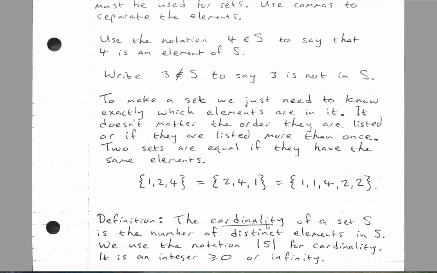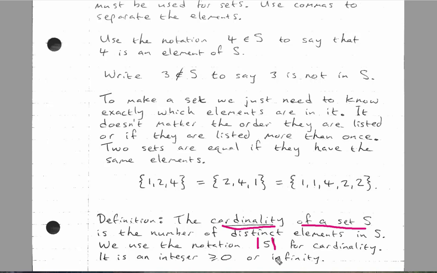So this idea of cardinality, that's how many distinct elements a set has. Okay, so you just count them up. And we use this notation, 2 vertical lines. It looks a bit like an absolute value, but for a set, it just means how many distinct elements. All right, so the cardinality will be 0, 1, 2, 3, so any non-negative integer.